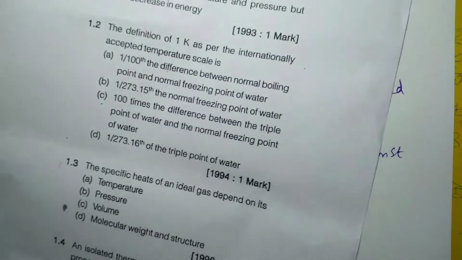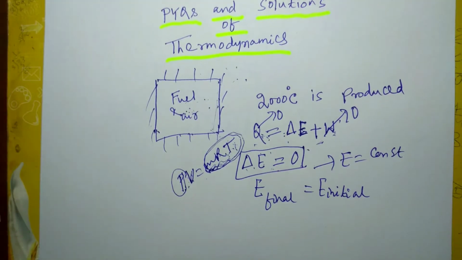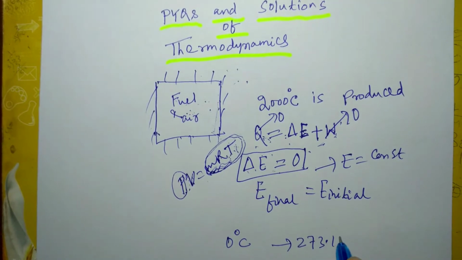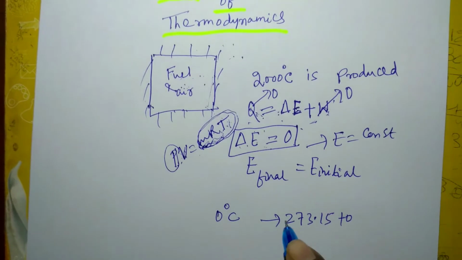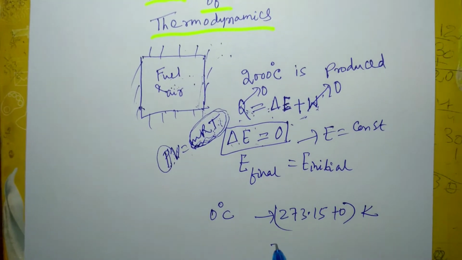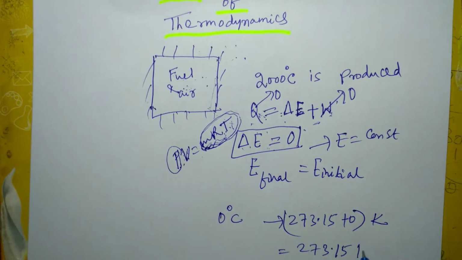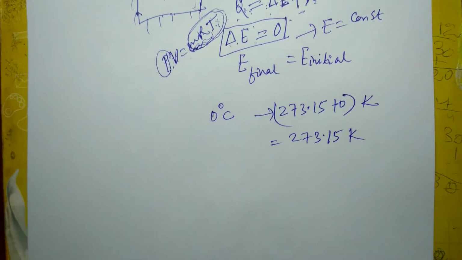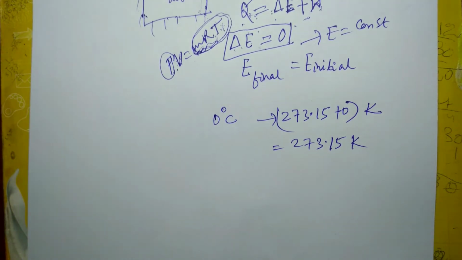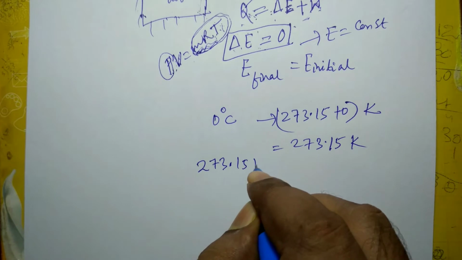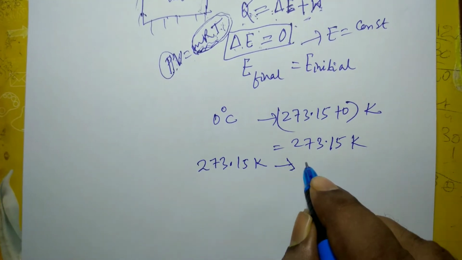You know the Kelvin scale, where we add 273.15: 0 degree Celsius is equal to 273.15 plus 0 Kelvin, that is 273.15 Kelvin. Originally, when the reference temperature was chosen for Kelvin scale, it was 273.15 Kelvin, which corresponds to ice point.